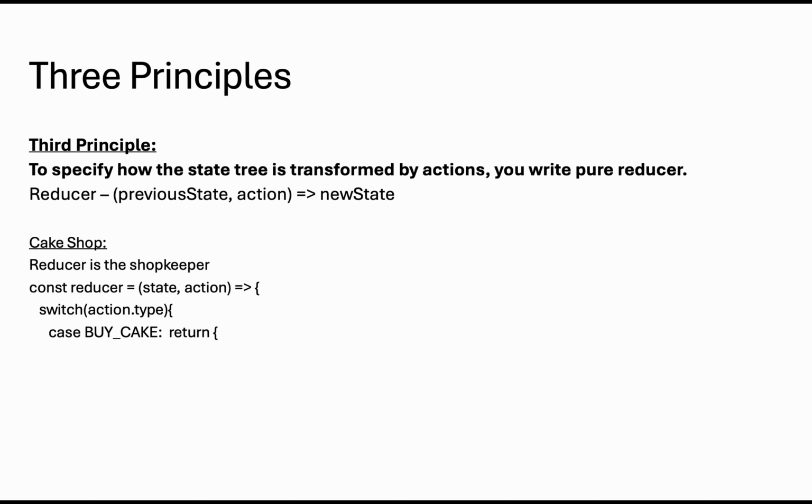For example, if the case is buy cake, we have to reduce the number of cakes from the last state value. For example, last was 8, it will be reduced by 1 and the new state will be 7, and we will return that state from the reducer. So this is how all three core basic principles of Redux will work.